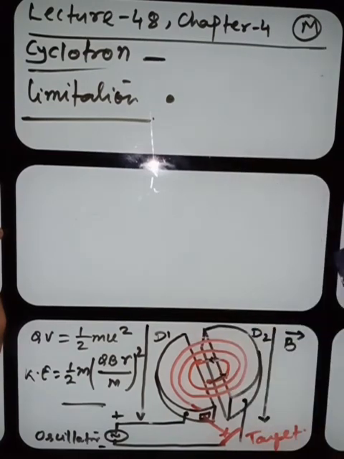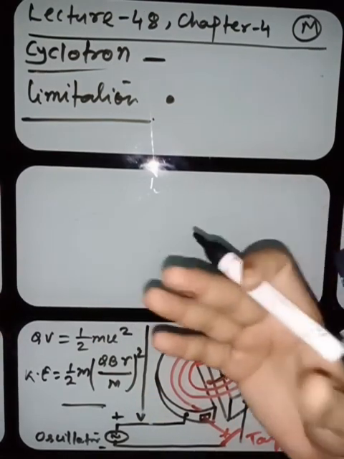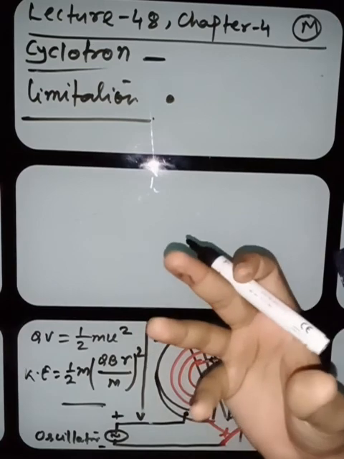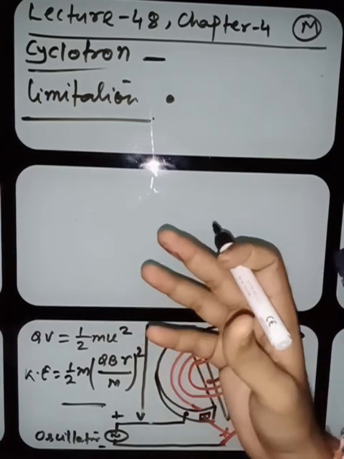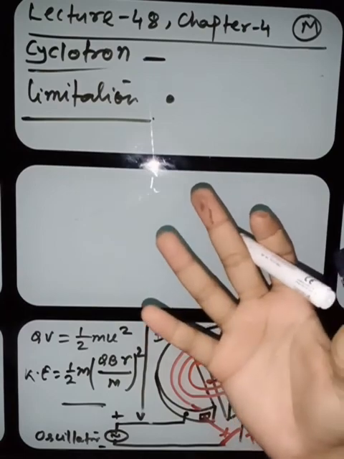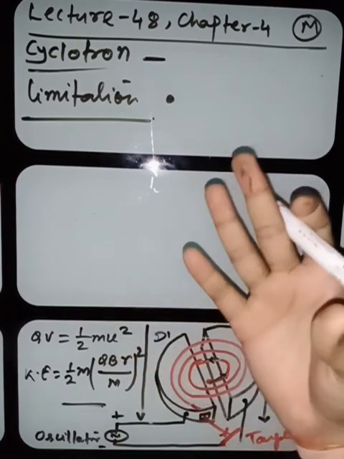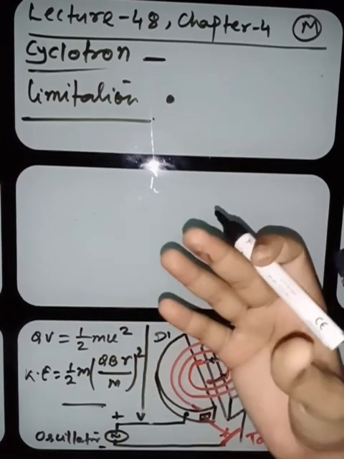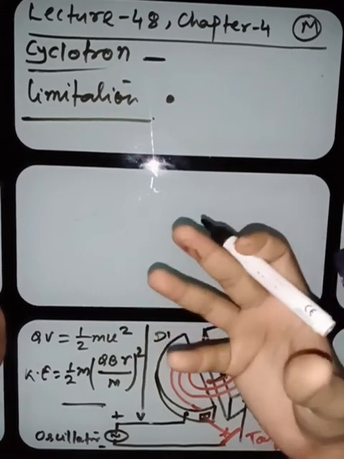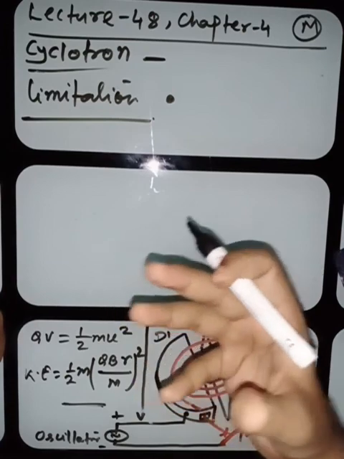The second one: if the circulating charged particle acquires very high speed, as we know that after each rotation its speed increases because the kinetic energy is increasing. If the circulating charged particle acquires very high speed, then the mass will vary according to the mass-energy relation, that is the relativistic formula given by Einstein.